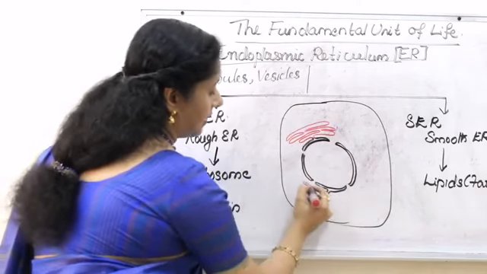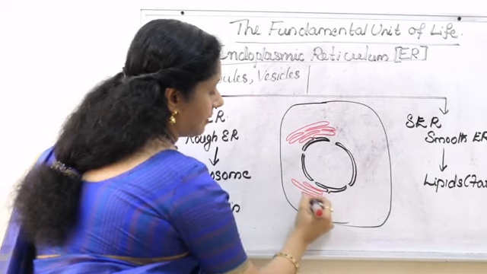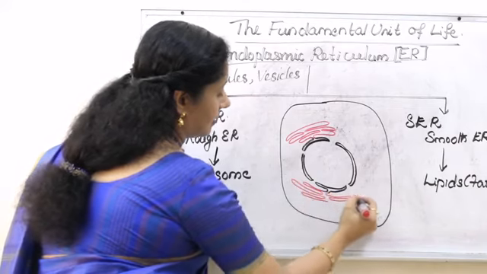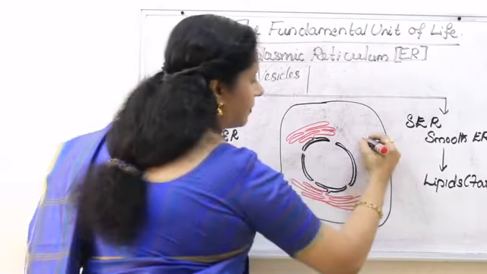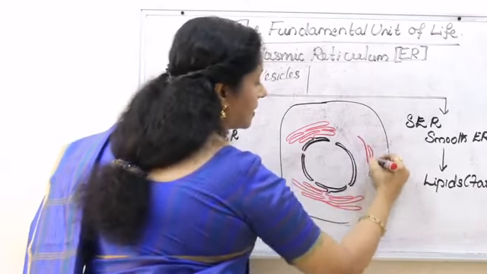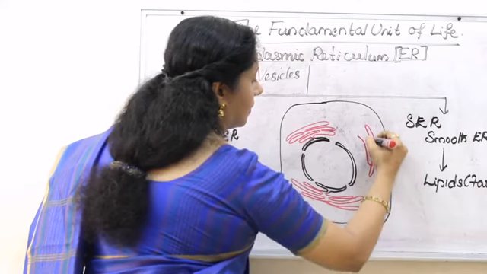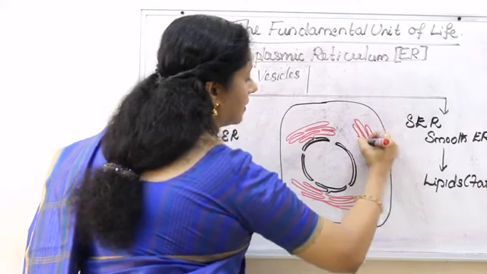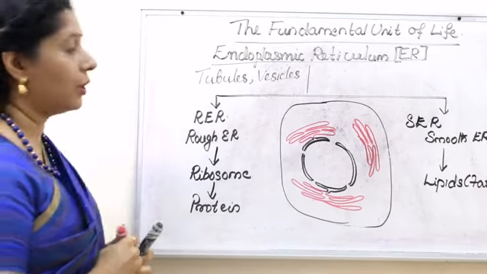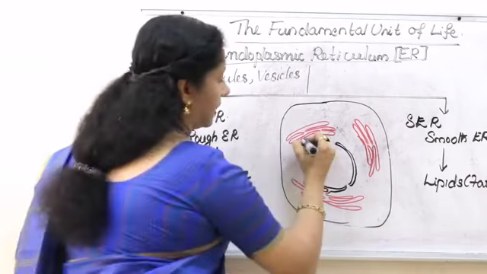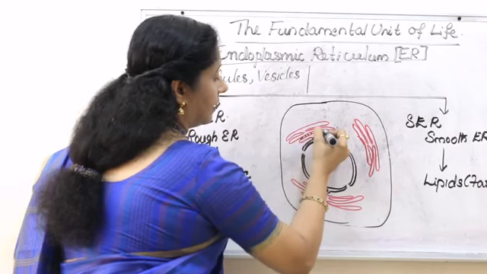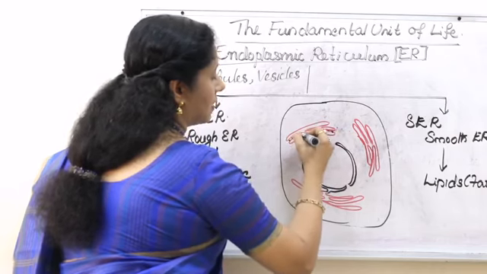The same way here also, like this. Or away from this also we can see certain structures or network like this. So usually the ones which are associated with the nucleus or near the nucleus will have ribosomes.